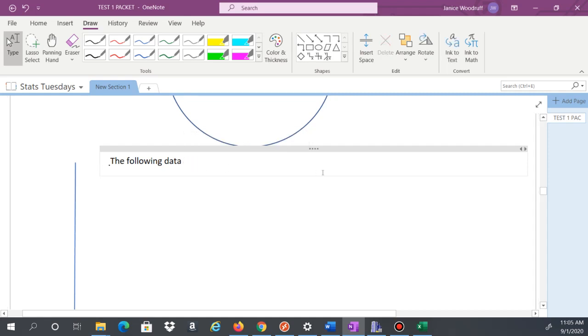Okay, so the following data gives the number of times each of 15 randomly selected teenagers picked up their phones in a 24-hour period.